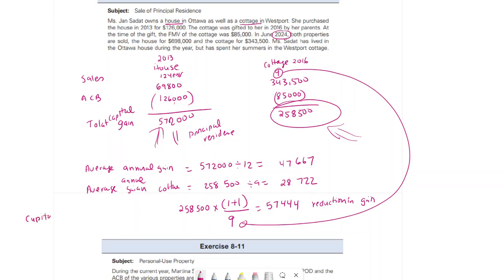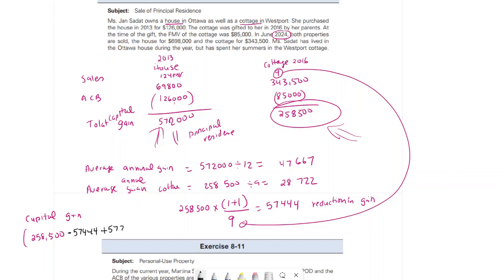In this case the capital gain will be 258,500. That's what my capital gain was. We are going to do my reduction first. My reduction was 57,444, and then we have a capital gain.